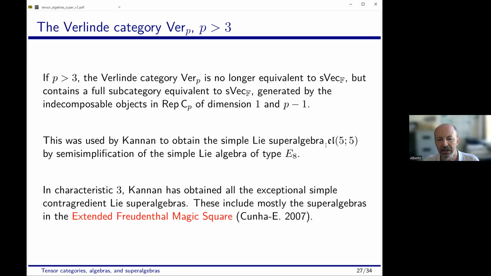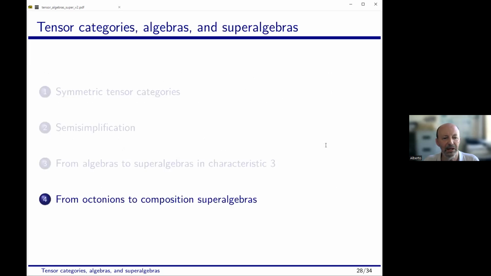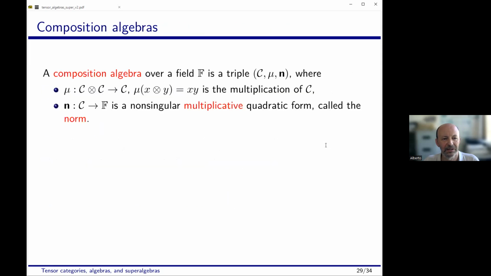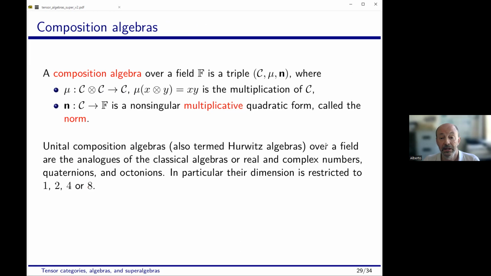Well, let's see, I'm essentially out of time, but just as an example, composition algebras are algebras with a norm which is multiplicative. So the norm of the product is the product of the norms, and the norm is just a non-singular quadratic form. So these are the analogues, over any field, of real and complex numbers, quaternions, and octonions.